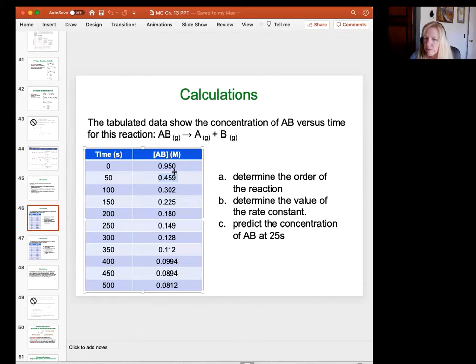It would be roughly half. I might find something better. So I might compare this point to this point, because this is almost dropping by half, maybe the 0.302 to the 0.149, where I've had a drop in about half of my concentration. So I would look at the difference in time for that, and that's your half-life. So it's the time for the concentration to drop by half. And you can use this to determine reaction orders.